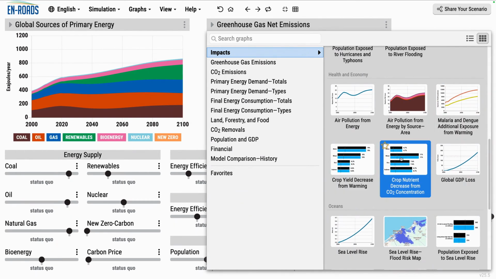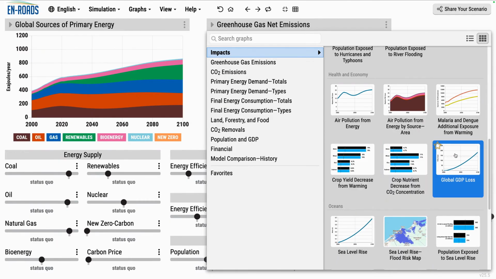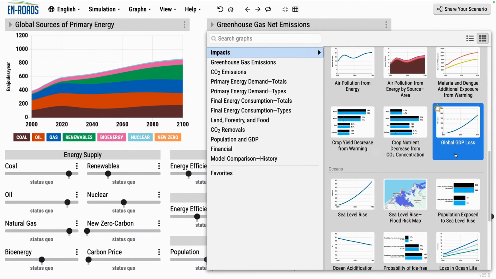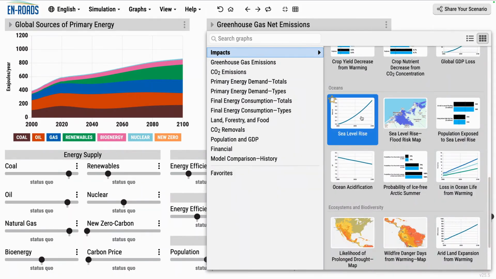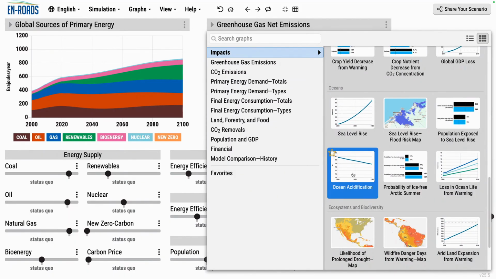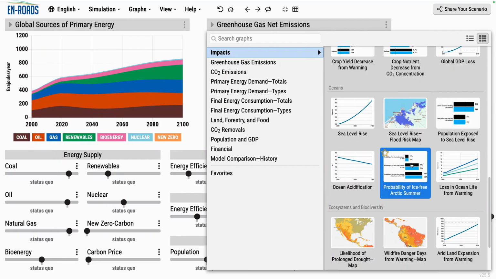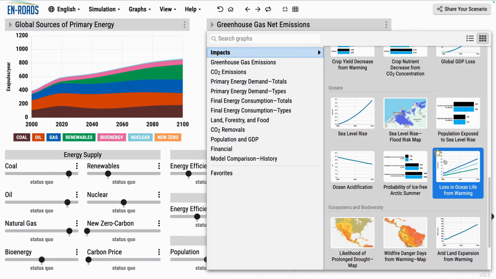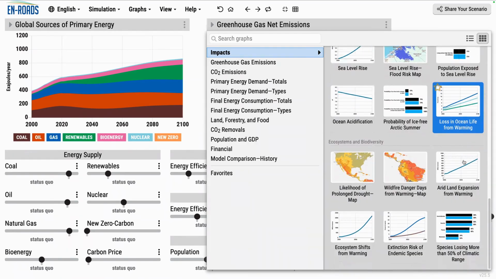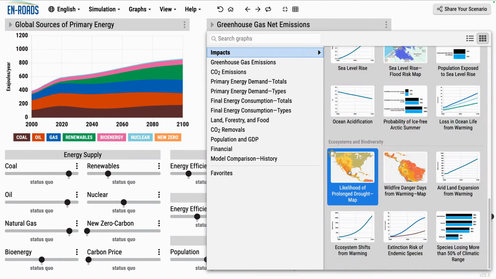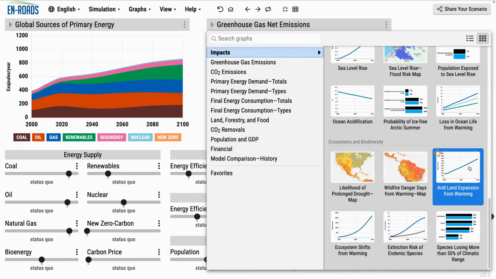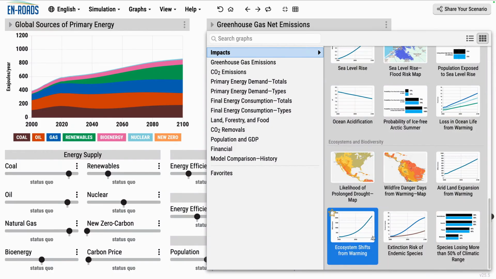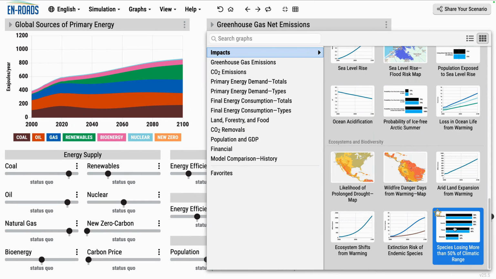Food, two graphs right here. Global GDP, economic damage from climate change. In the oceans area, sea level rise, these top three: ocean acidification, the state of the polar ice cap, and then loss in ocean life from warming. A map on drought, wildfire map, desertification, some ecological shifts, extinction, and biodiversity.